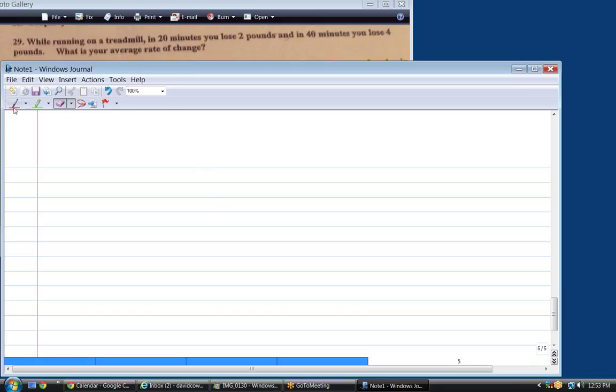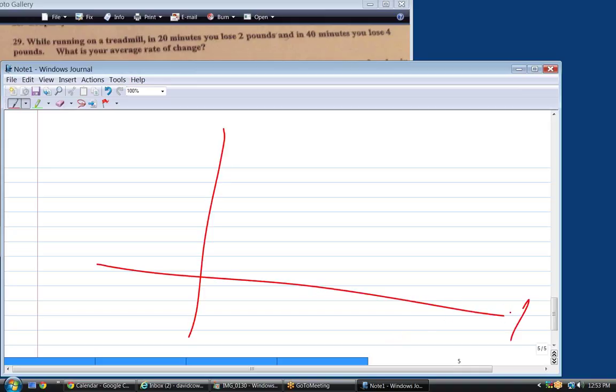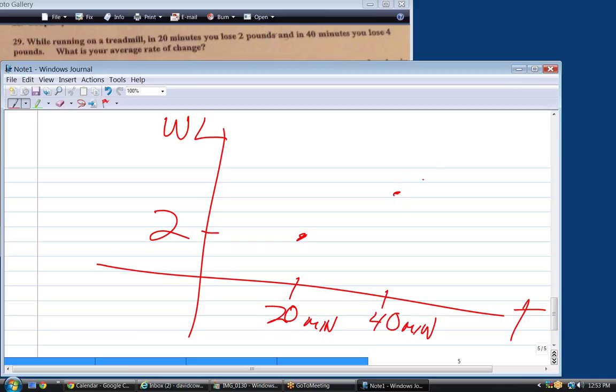If I were to graph this, with time on the horizontal axis and weight loss on the vertical axis, then at 20 minutes you've lost 2 pounds, and at 40 minutes you've lost 4 pounds. The average rate of change is that slope.